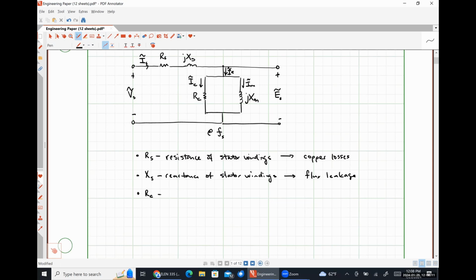RC is the resistance of our core. So this is how we're taking into account our eddy current and hysteresis losses. X sub M is the magnetizing reactance.